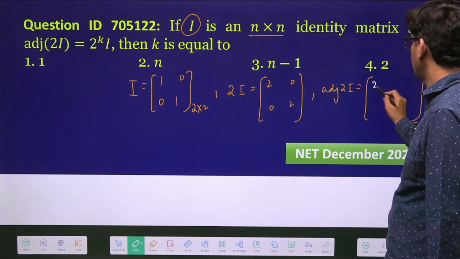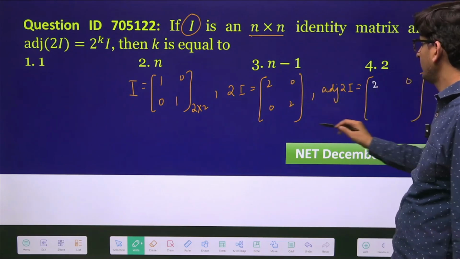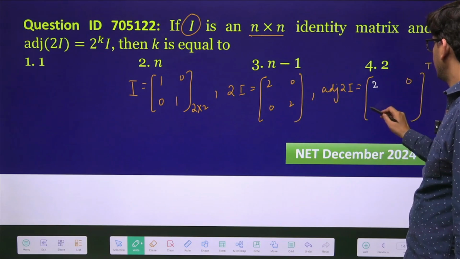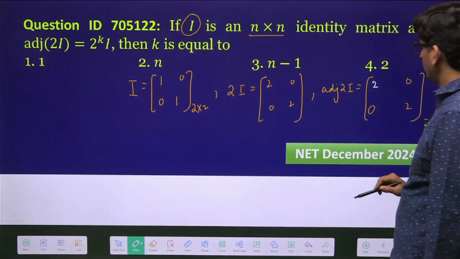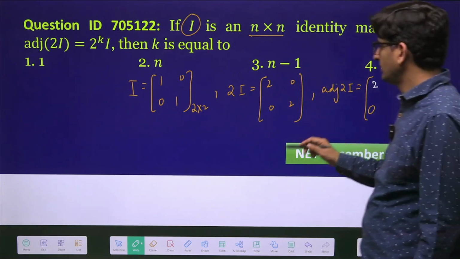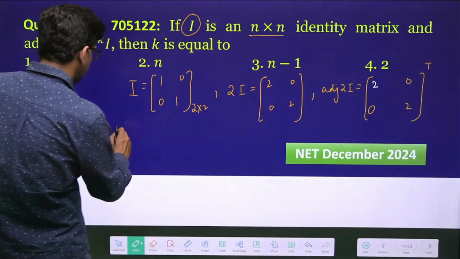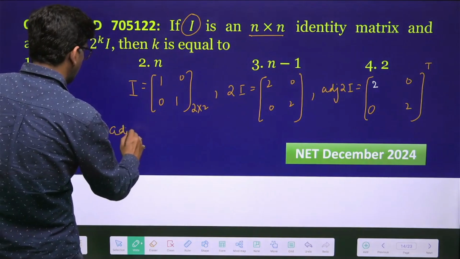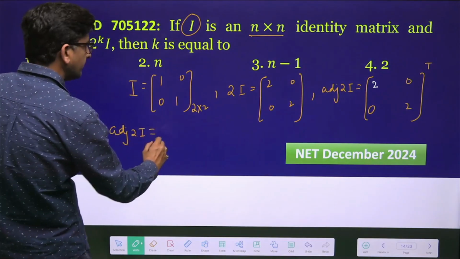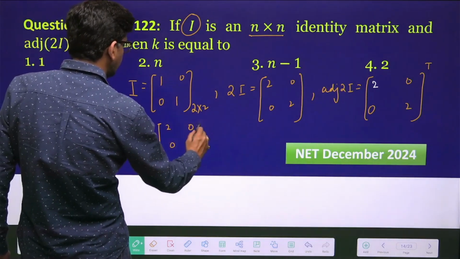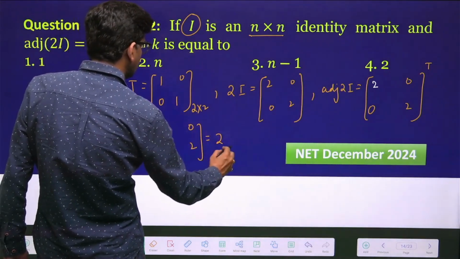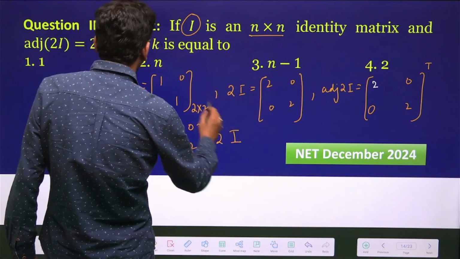It will become 2, 0, 0, and for this it will become 2. Take the transpose, and you will get the adjoint of 2I as [2 0; 0 2], which is 2 times I.